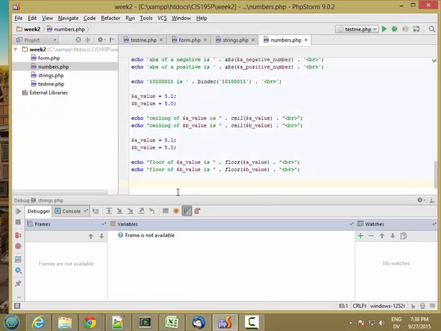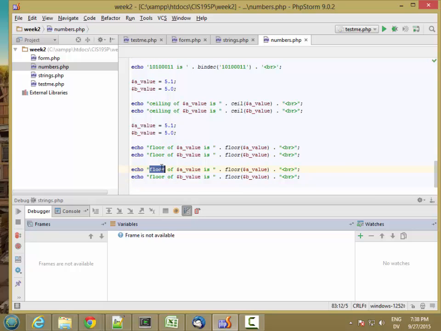And finally, you can round a number. Now round also takes some additional arguments. It takes a precision, so how many decimal points you want to round it to.